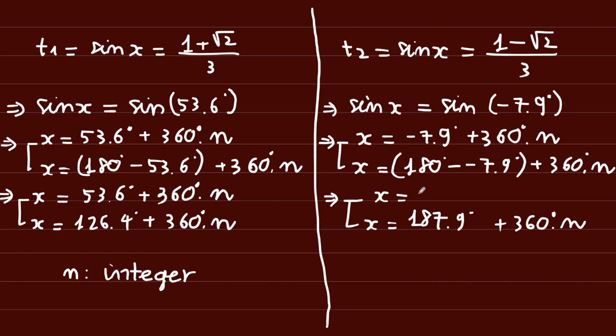And for the first one you have minus 7.9 plus 360 degrees multiplied by n. Okay, that is the full solution.